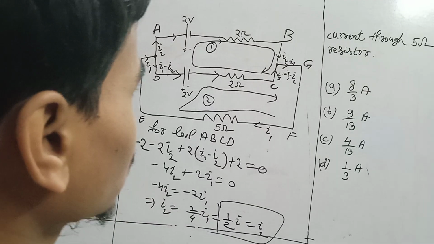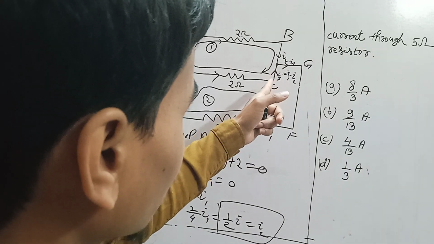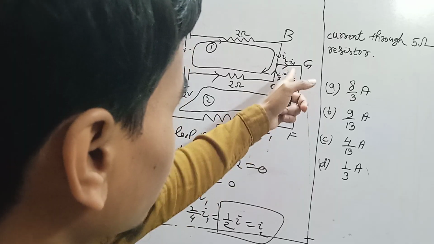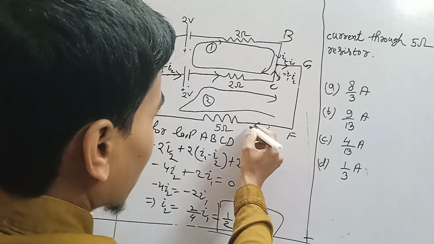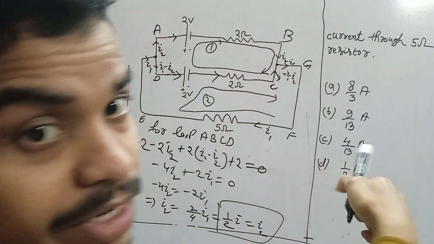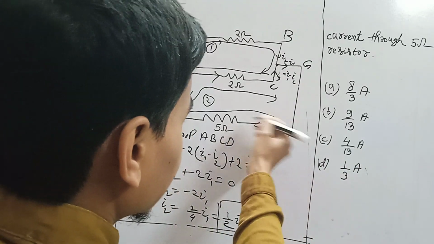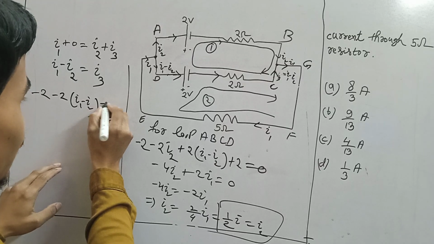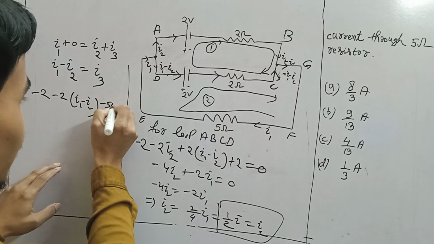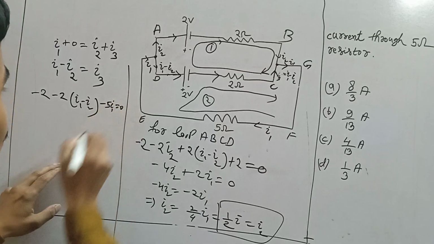And there is another resistor, and the current in this direction is I1, and it is also the same as our assumed direction, so there will be minus 5I1 equal to 0.